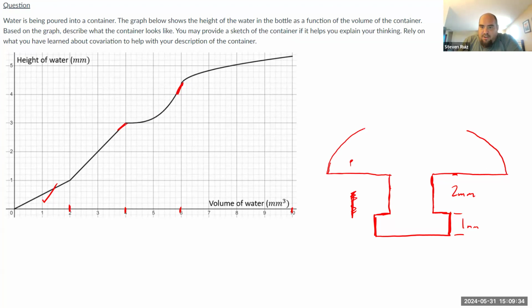So I'm going to draw these sidewalls even closer together.